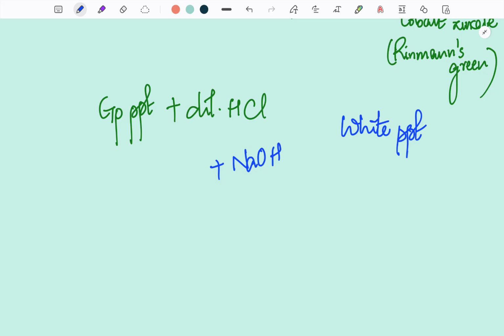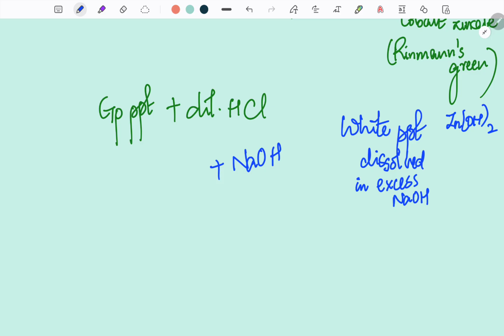So the white precipitate which is formed is actually zinc hydroxide. Now, very important, when you're adding excess amount of NaOH, what happens is the white precipitate will be dissolved. So, the white precipitate that is formed, which is zinc hydroxide, will be dissolved in excess NaOH.